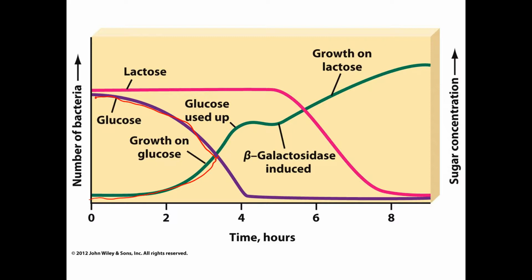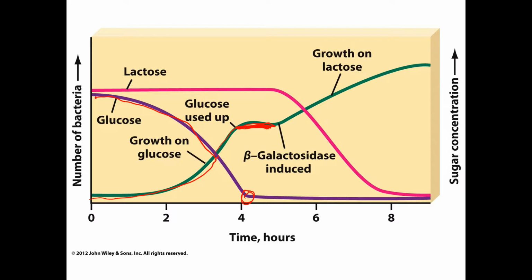Now, eventually the cell will utilize all the glucose in the media, and so the bacterial cells hit a plateau. They hit a stationary phase temporarily. They were in an exponential growth phase, and now they're leveling out.